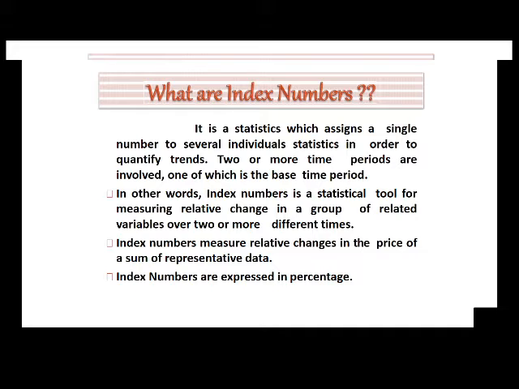In other words, index number is a statistical tool for measuring relative change in a group of related variables over two or more different times. Index numbers measure relative changes in the price of a sum of representative data. In simple terms, index numbers are expressed in percentage.